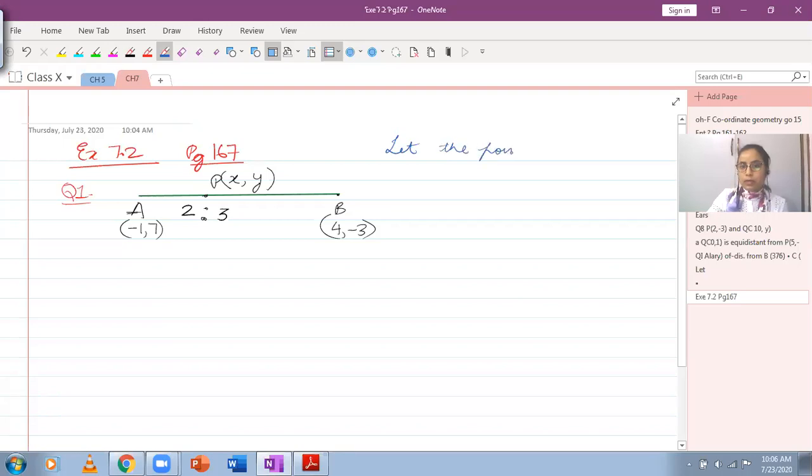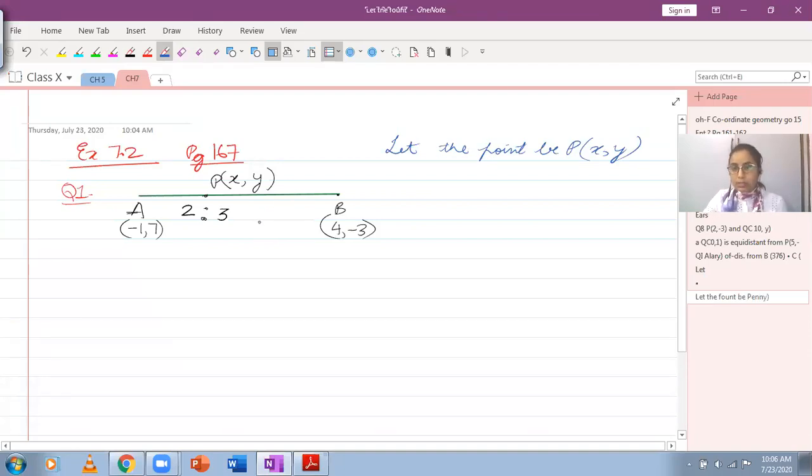Let the point be P with coordinates X, Y. In the question, we have to find the coordinates of the point which divides this line segment in the said ratio. So I'm just starting by letting that point as P with coordinates X, Y.